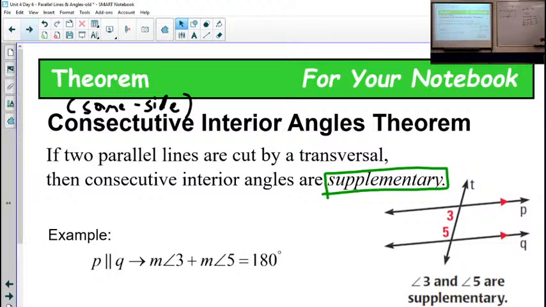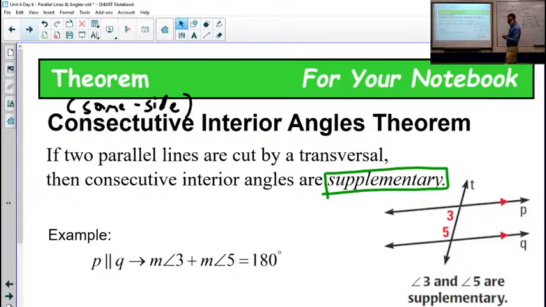I'll also call them same side interior angles, because I think that that's a kind of better description of what they are.